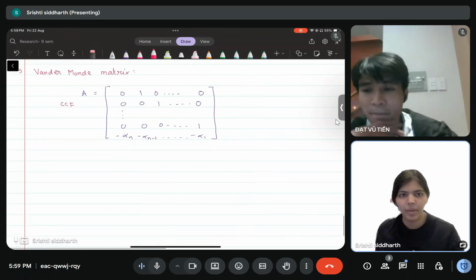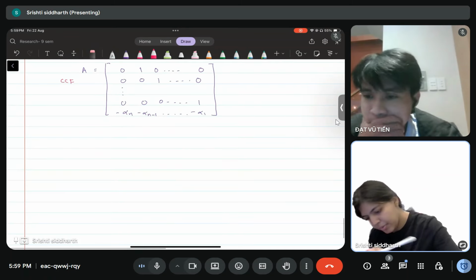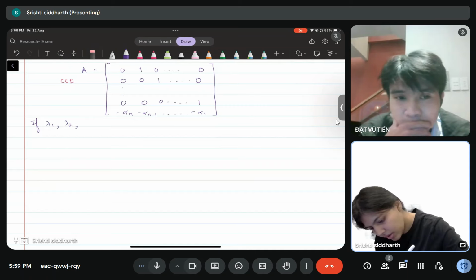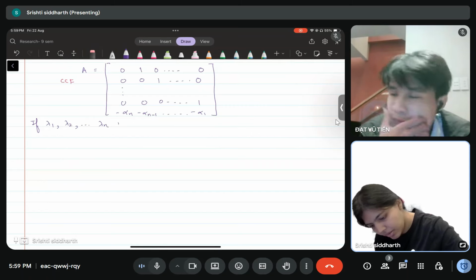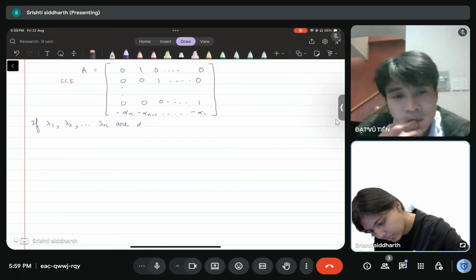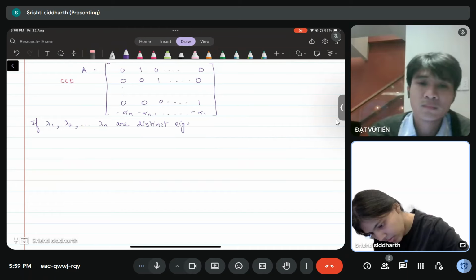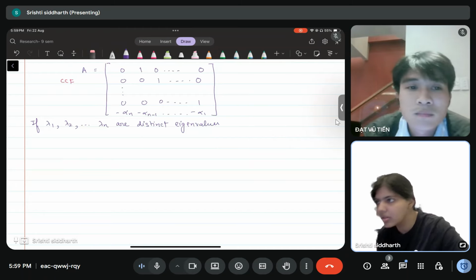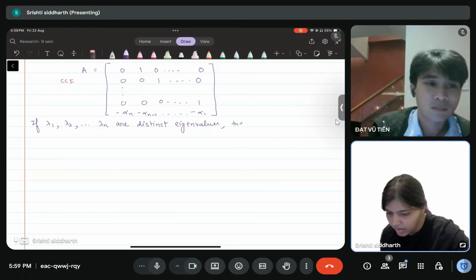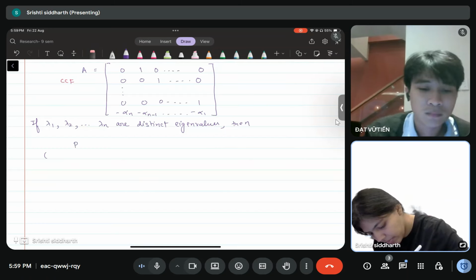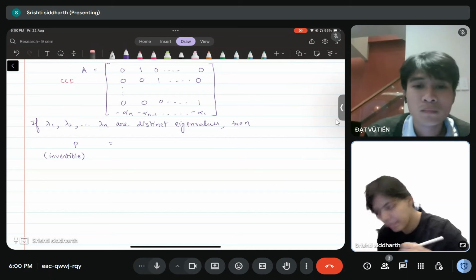So if we have an A matrix like this, and if all the eigenvalues lambda 1 till lambda n are distinct, then you can consider this as the transformation matrix P, which is invertible.